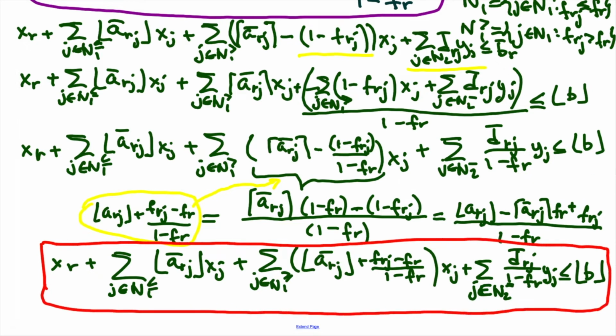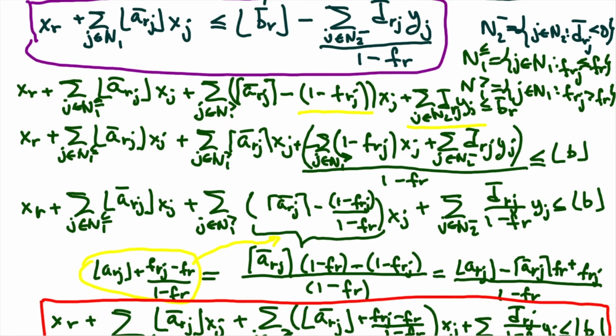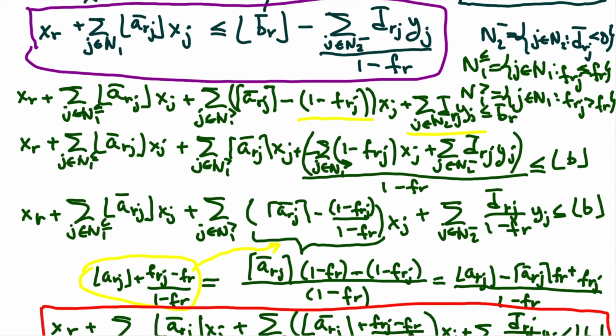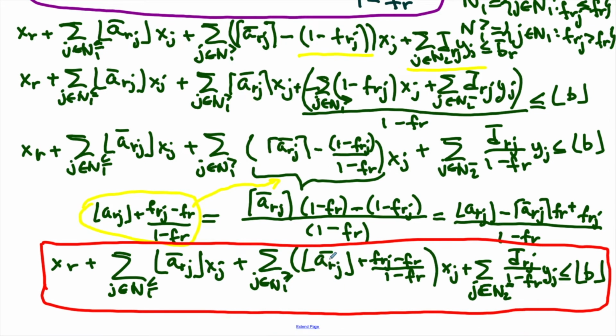Alright, going back and comparing it to what we had before, the difference is in this part right here. So here you just round down the arj bars, right? But now for some of the arj bars, in particular for those for which the fractional part is greater than that of the right hand side br, we replace the floor of arj bar with something slightly greater.